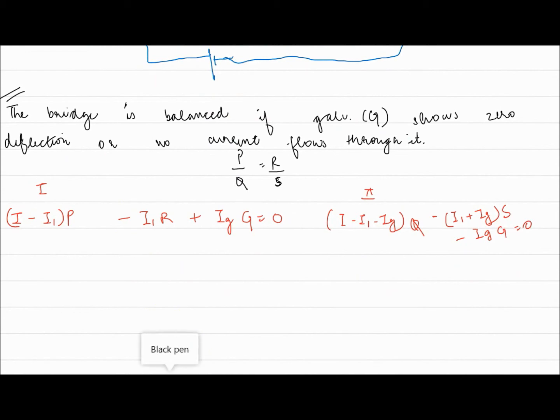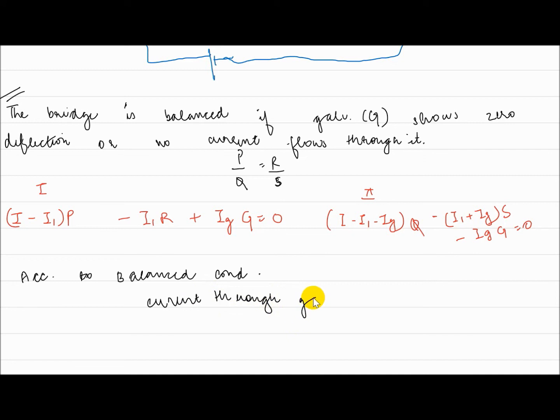According to the balance condition, the current through the galvanometer is 0. That is, Ig is equal to 0.